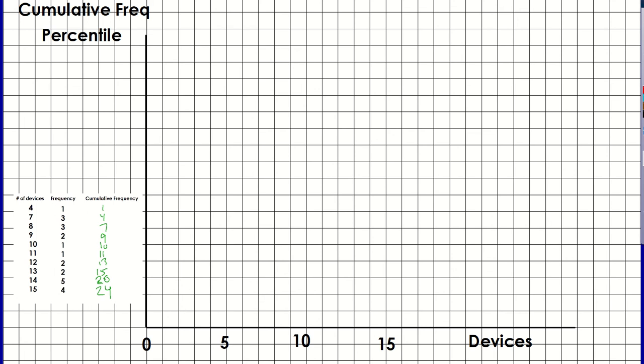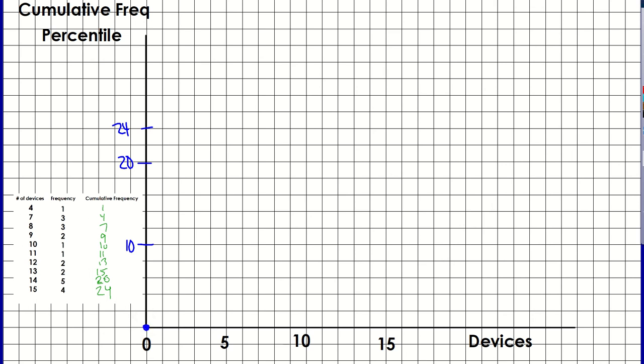So I have a setup, devices already across. I know I need to get up to 24, so I need to probably count each tick mark as 2 units on the y-axis. So I'll mark some of them. I know this would be 24 then. All right, so I'm going to just start going ahead and putting my points.